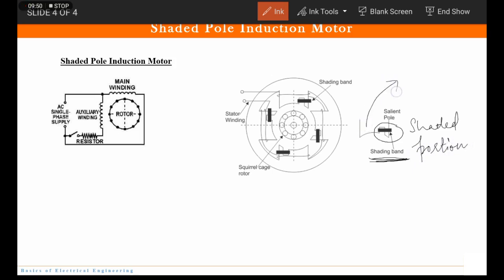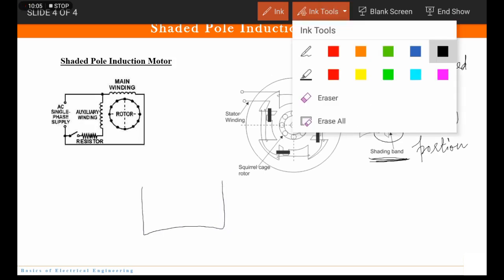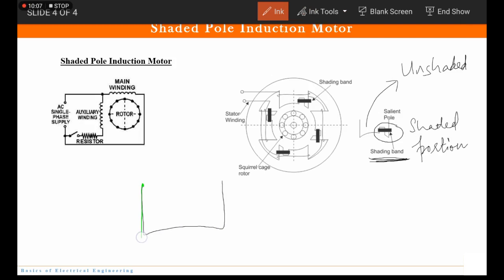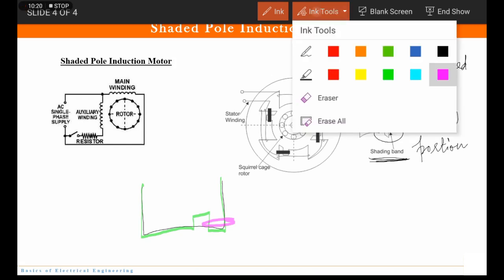And this part is called, obviously, the unshaded portion. Ideally, our pole was supposed to be like this, but then what we do is we have here a small cut and we have a small copper ring or shading band.